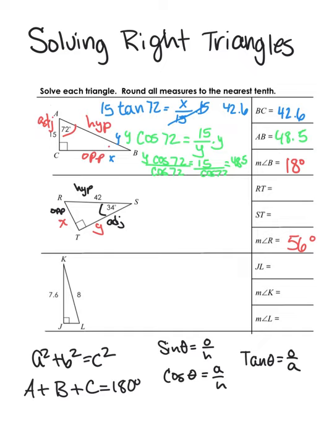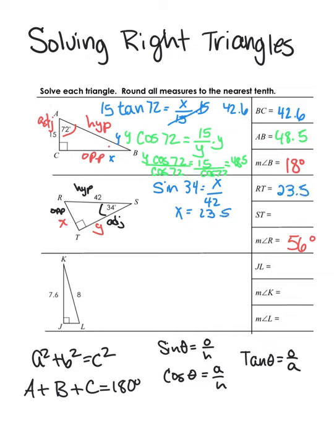Okay, so if I'm going to find X, that's my opposite and my hypotenuse, so that is my sine. So the sine of 34 is equal to the opposite over the hypotenuse. So 42 times the sine of 34 tells me that X is equal to 23.5.